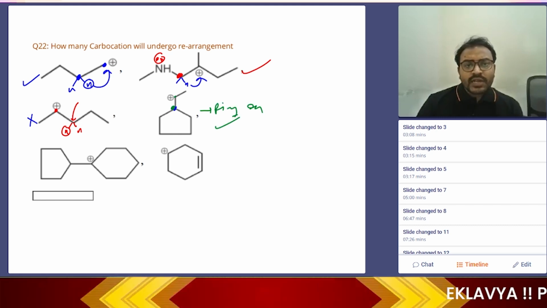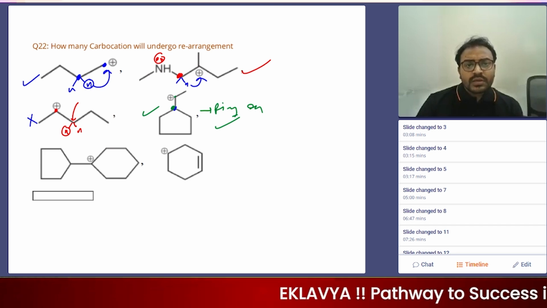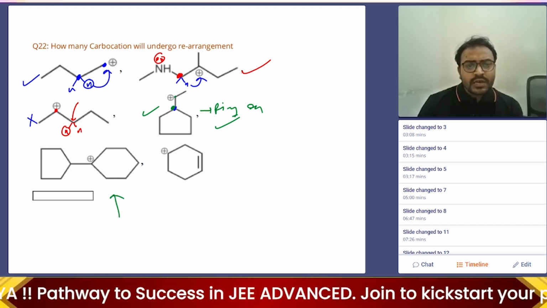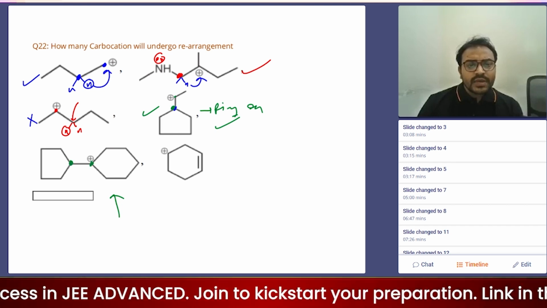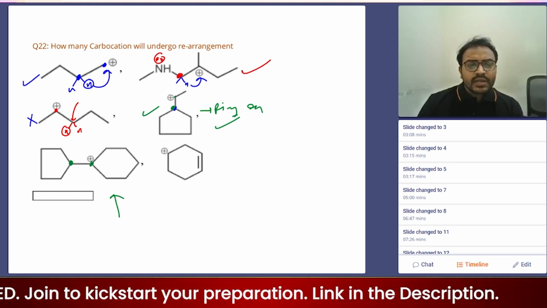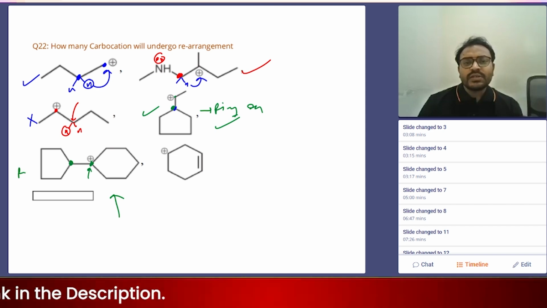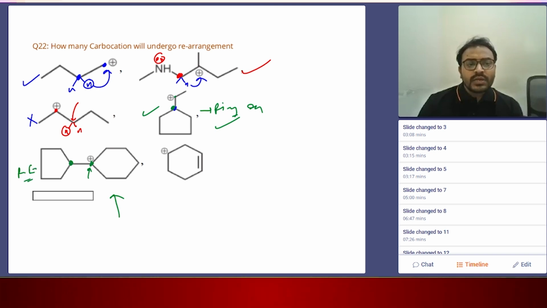So in this carbocation also rearrangement is possible, here also rearrangement is possible, right? Even in this carbocation also, because with respect to the 5-membered ring, the next carbon is attached with the positive charge. Here also ring expansion can occur.